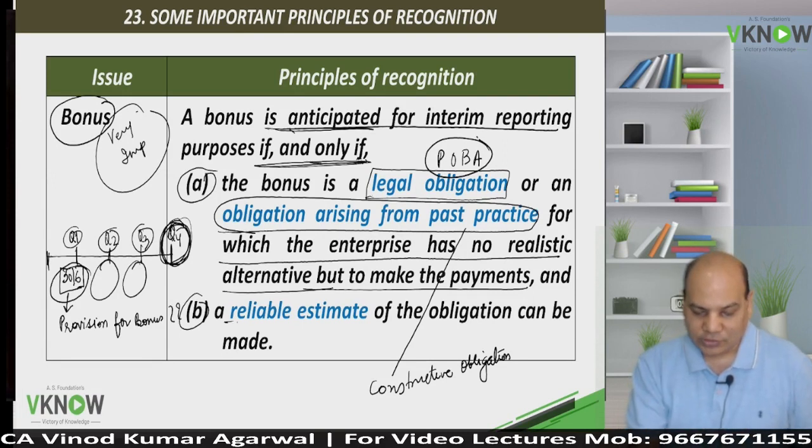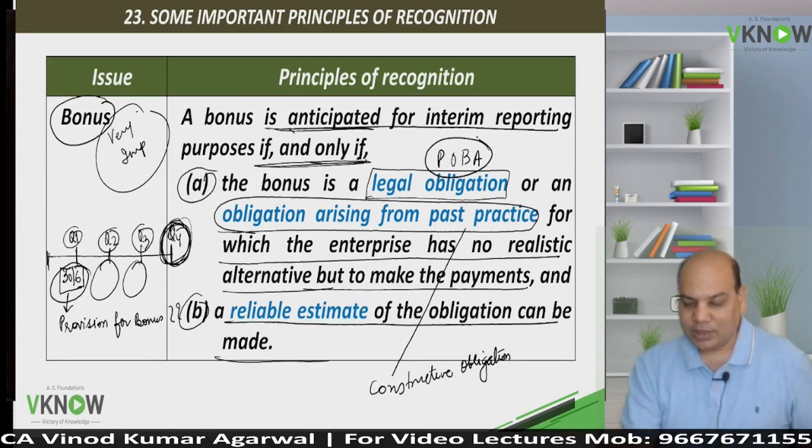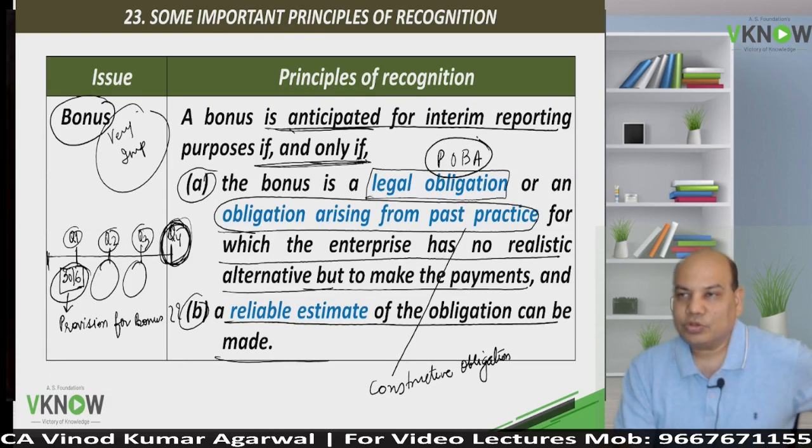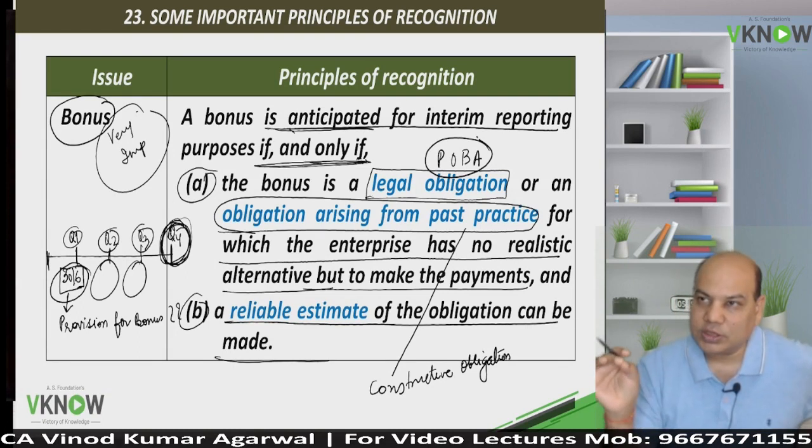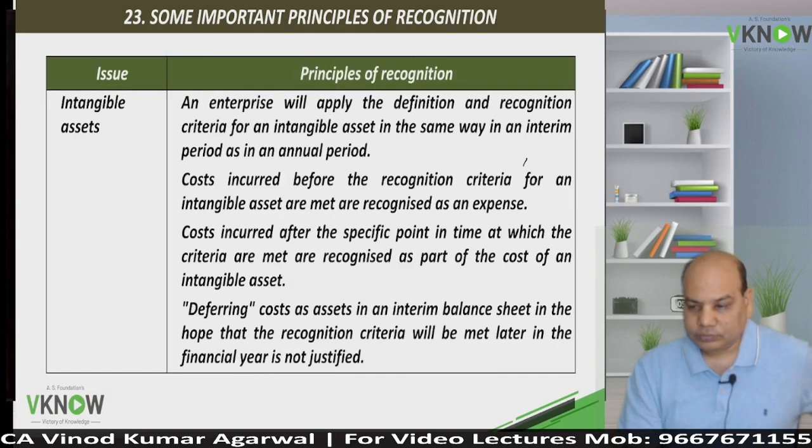The second condition is that a reliable estimate can be made. So the summary is: provision for bonus can be made if there is a legal or constructive obligation and if a reliable estimate can be made, then proportionate provision for bonus can be made in the earlier quarters.